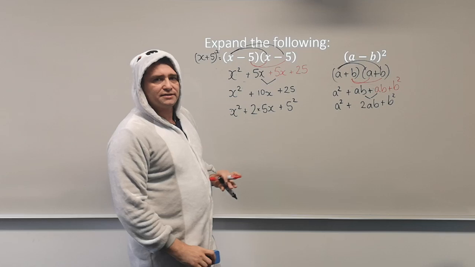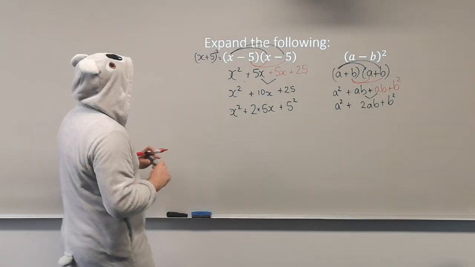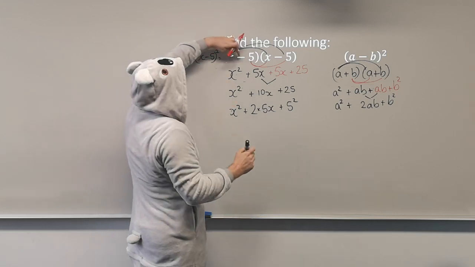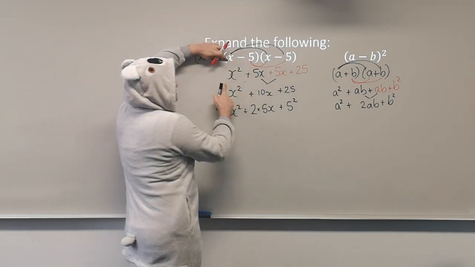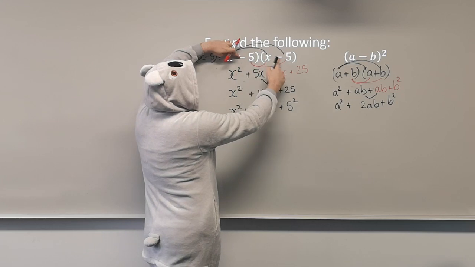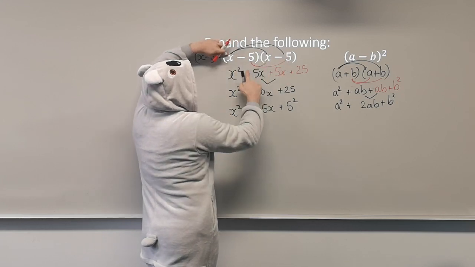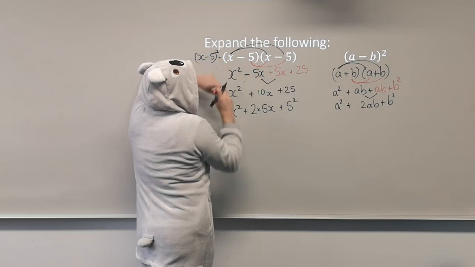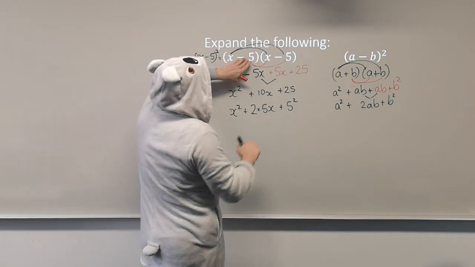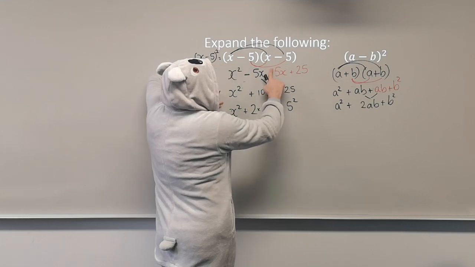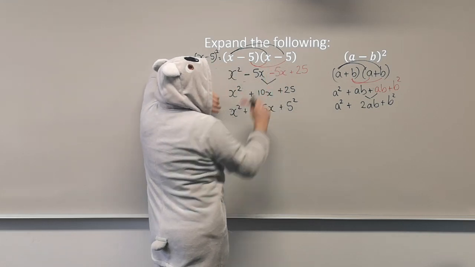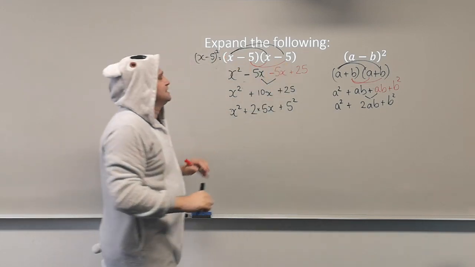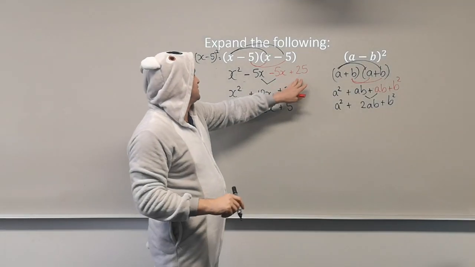What about if we had negatives here? What would actually change? Well, our x times x would still be x squared. Our x times negative 5 would now actually be negative 5x. Our negative 5 times x would be negative 5x. Our negative 5 times negative 5 is actually still positive 25.